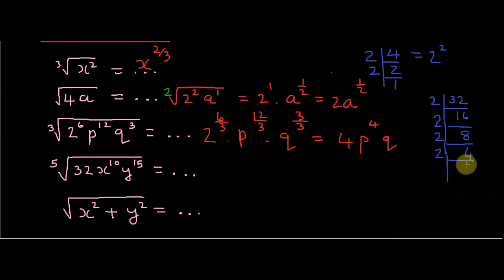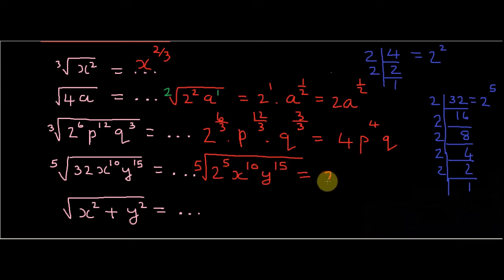Then 2 into 4 twice. And 2 into 2 once. So we have 1, 2, 3, 4, 5 2's here. So 32 is 2 to the 5. So it's going to be the fifth root of 2 to the 5 times x to the 10 times y to the 15.